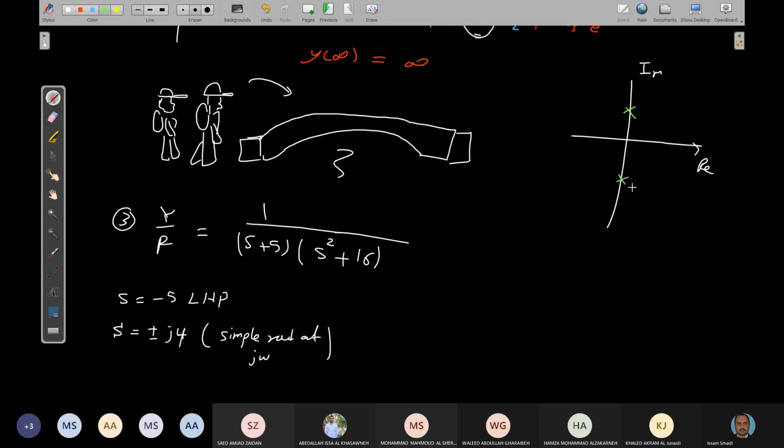This is still simple. Now, if I inject it with a sinusoidal input, with the frequency equal to the frequency of the simple root, the frequency of the simple root here equals what?